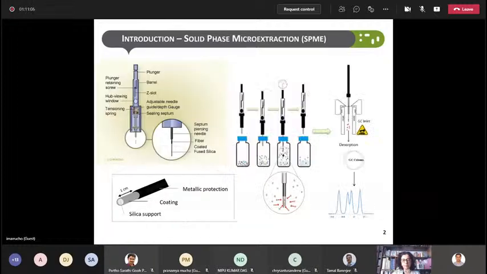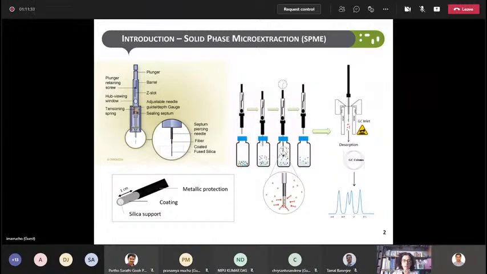And typically the way that it works is that, for instance, think about this as our sample. The sample has some vapor pressure. It is inside of a closed vial. So I have the plunger here. I use the plunger to perforate the septum.